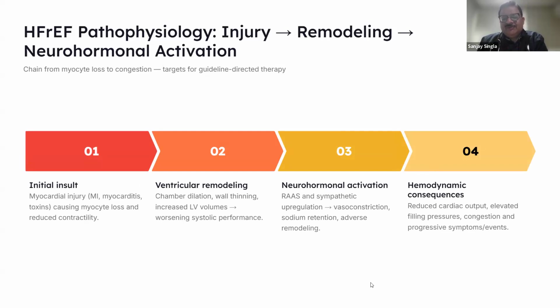We know the symptoms of HFrEF: shortness of breath, pedal edema, decreased appetite, PND, orthopnea. There is chamber dilatation, wall thinning, increased LV volumes that can be seen on echocardiography, and worsening systolic performance. Then comes neurohormonal activation and hemodynamic consequences, which lead to reduced cardiac output, elevated filling pressures, congestion, and progressive symptoms, which I have already told you.